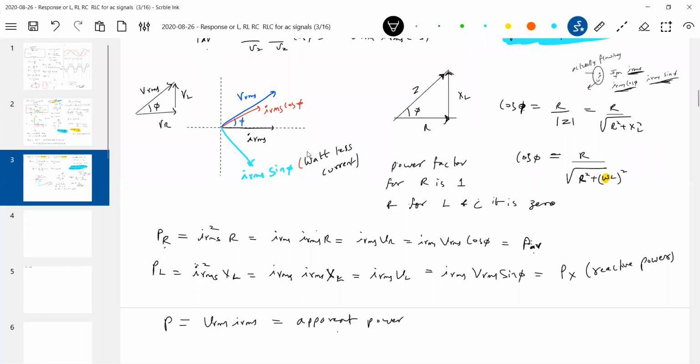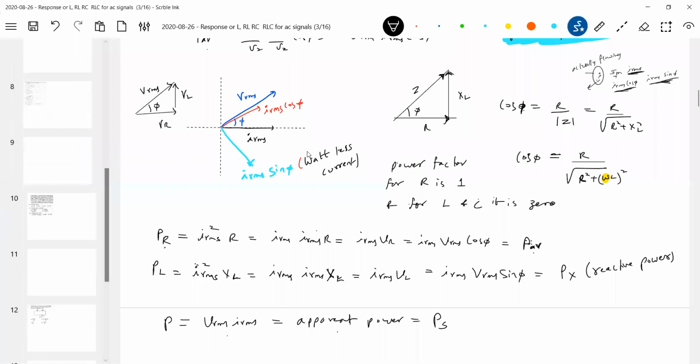We'll give the symbol P apparent, PS, right? Power supplied. The battery feels that it is supplying this much power, but how much is consumed? Only VRMS, and the remaining across the inductor, the inductor will return back.